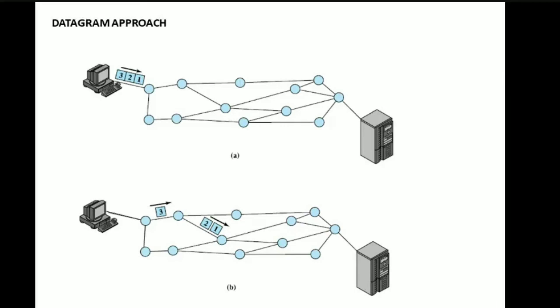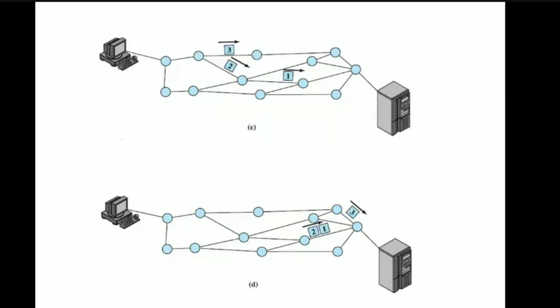In the next one, 1 and 2 are going in one path, and 3 is going in a completely different path. So what I mean to say in datagram switching is that the packets are individually transmitted. Each and every packet will not have any relationship with the other packets. Whatever packets go from source to destination within the network, they may go in any direction, in any path.